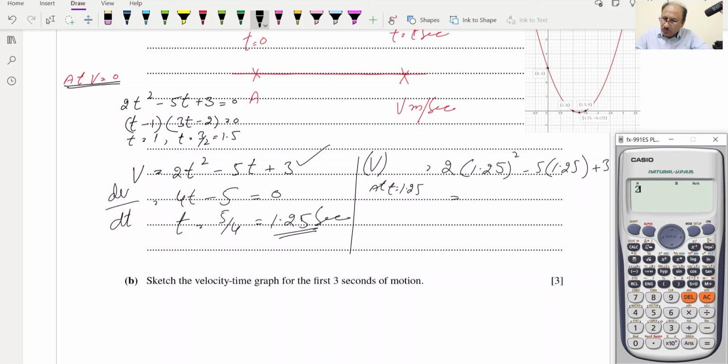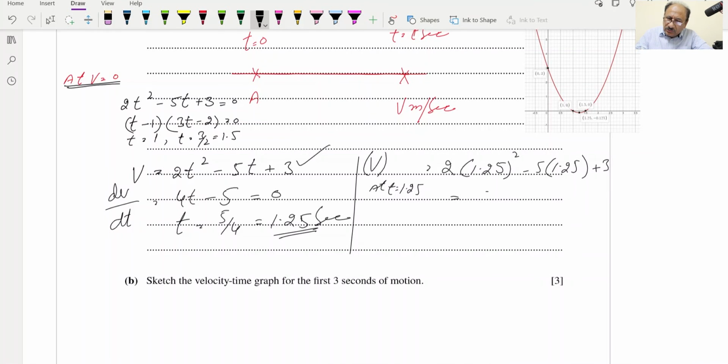So this is 2 into 1.25 squared minus 5 into 1.25, bracket close, plus 3, and this is equal to minus 0.125.